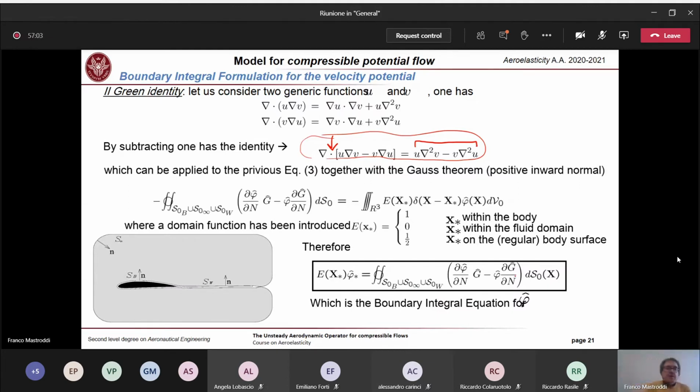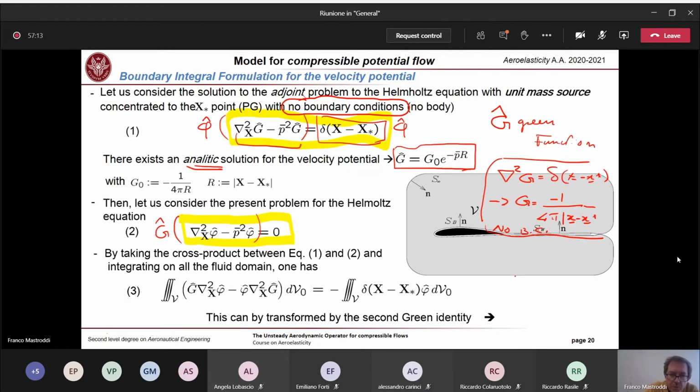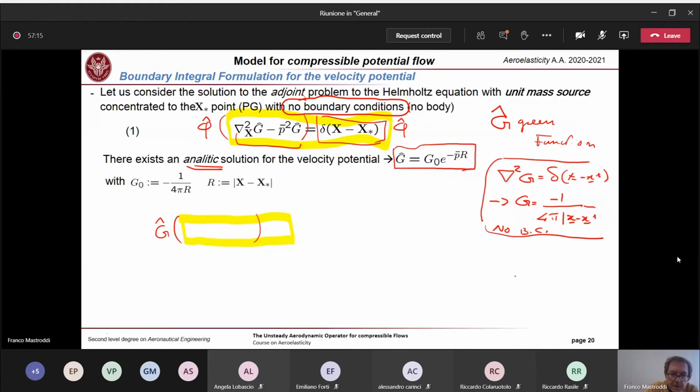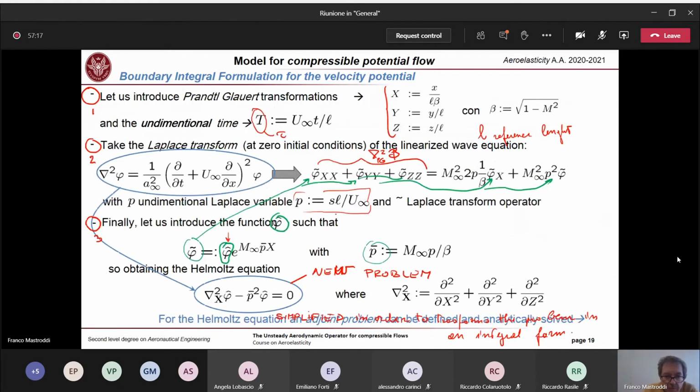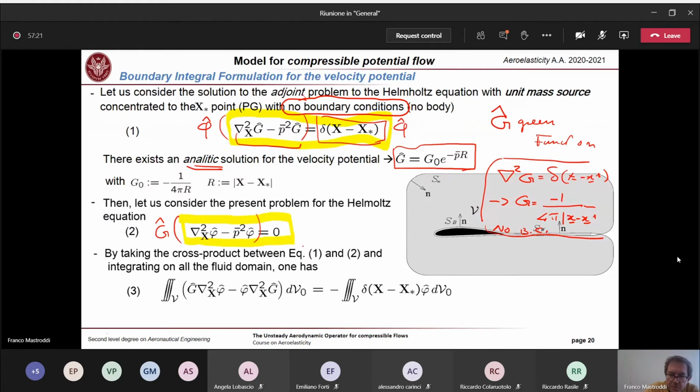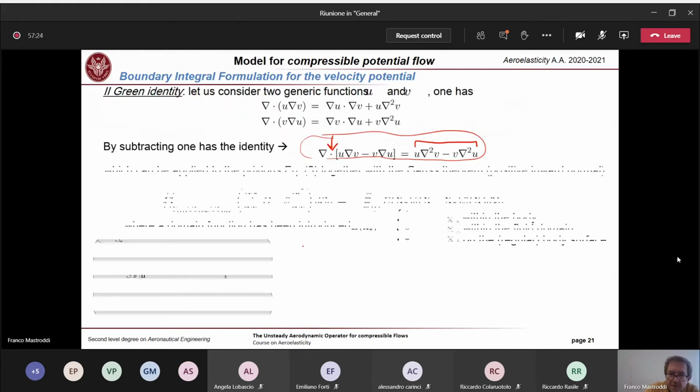My final maneuver is to go back to the original coordinate. And to go back to the original coordinate, I have simply to remind this formula.